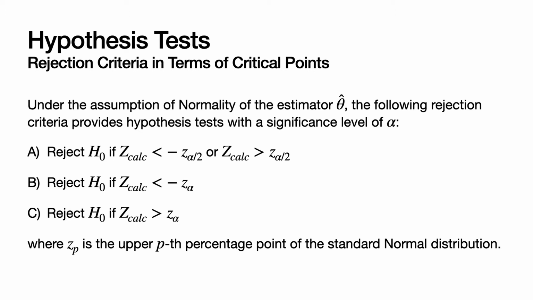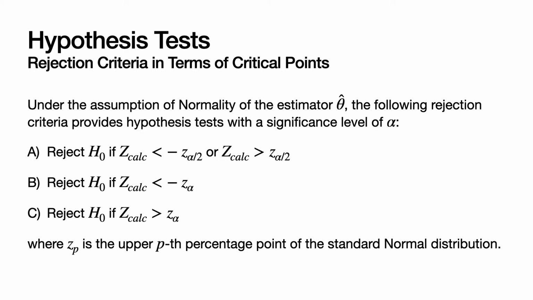And so for that two-tailed test, we would reject the null hypothesis if our test statistic z-calc is either strictly less than negative z sub alpha over 2, or if the test statistic z-calc is greater than a positive z sub alpha over 2. And I see I have a typo there, so I'll need to fix that.